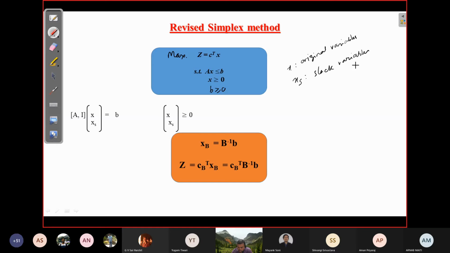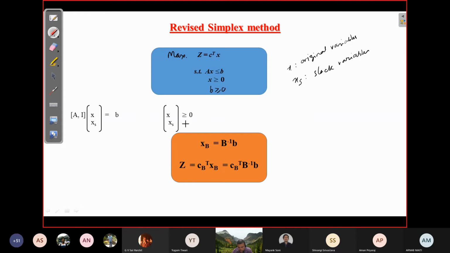So after introducing the slack variables, I can write the constraint set as [A I] [x xs] equal to b, and x and xs are both greater than or equal to 0.